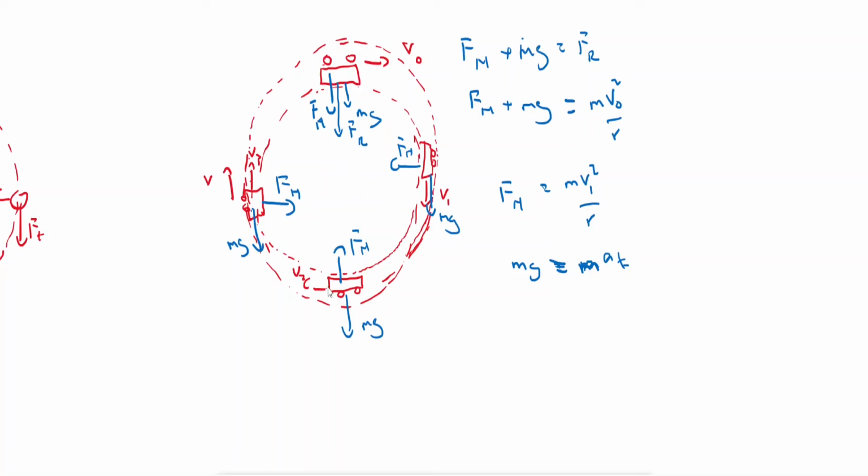So here what you have is Fn minus mg is just going to be equal to Fr. So basically Fn minus mg is going to be m v2 squared divided by r. So that's one equation that you can have here.